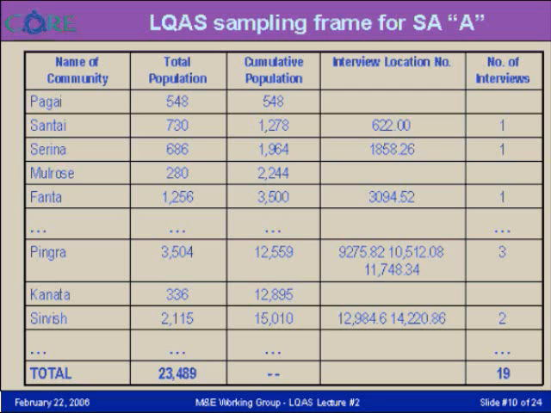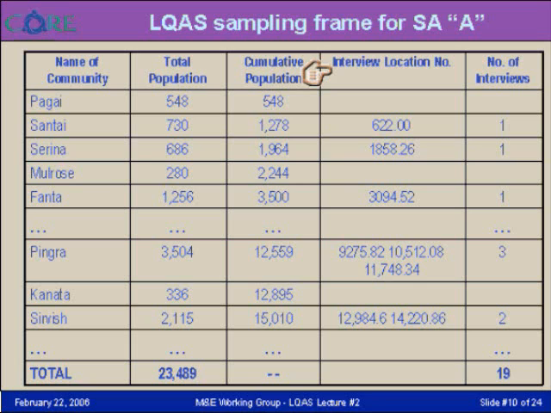So this is kind of like a summary table where we have the communities, all the communities and towns in supervision area A, their respective total populations, the cumulative population, and then the interview location number that we just previously identified.